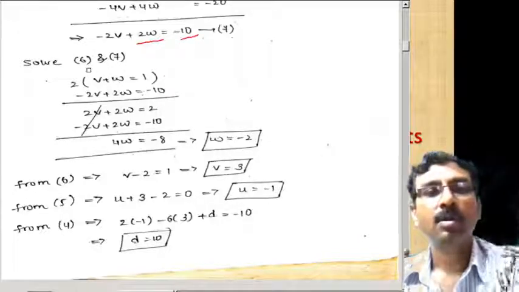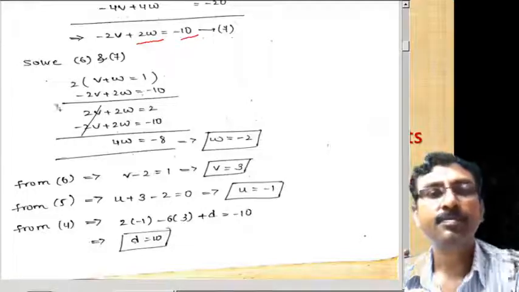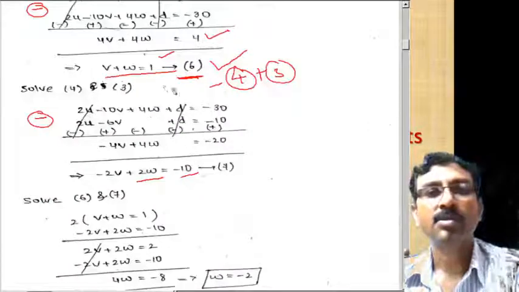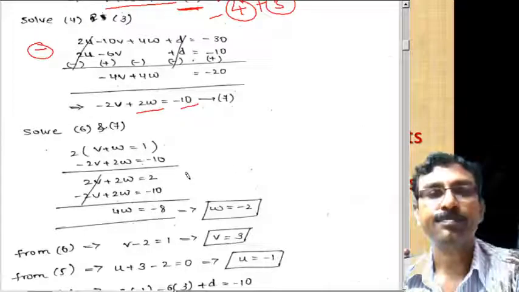Next, solving equations 6 and 7. The sixth equation is v plus w equal to 1, and the seventh equation is minus 2v plus 2w equal to minus 10.